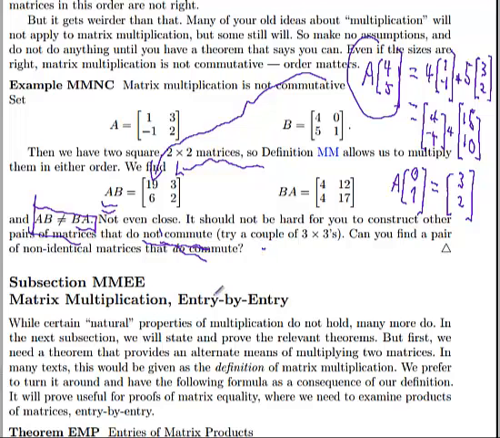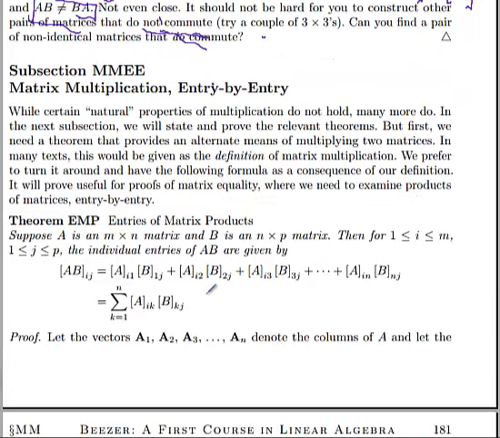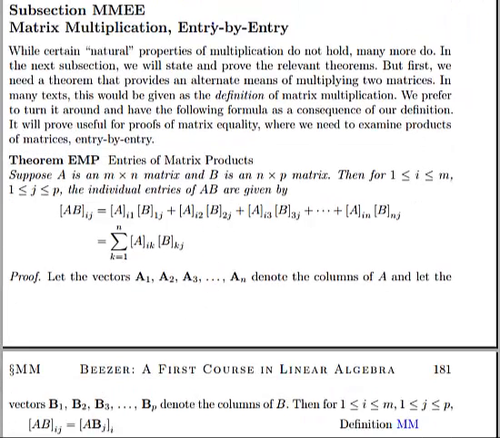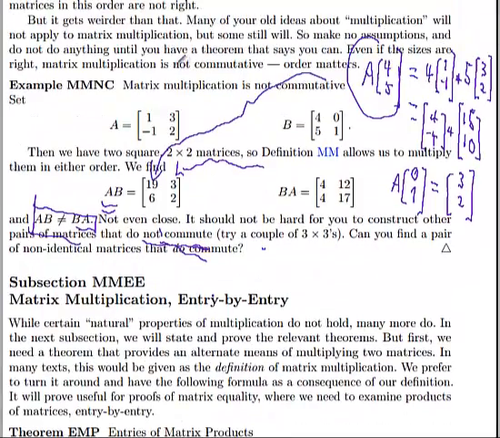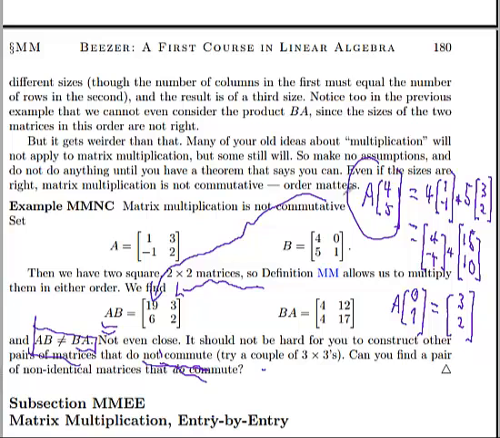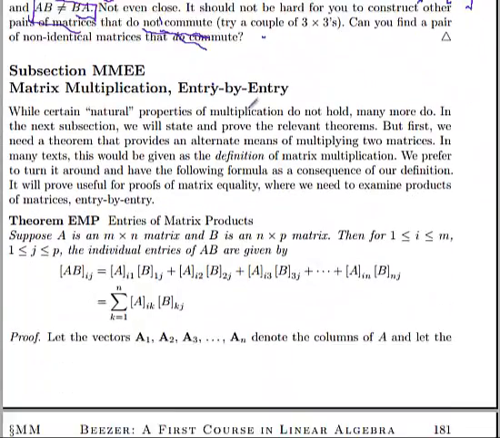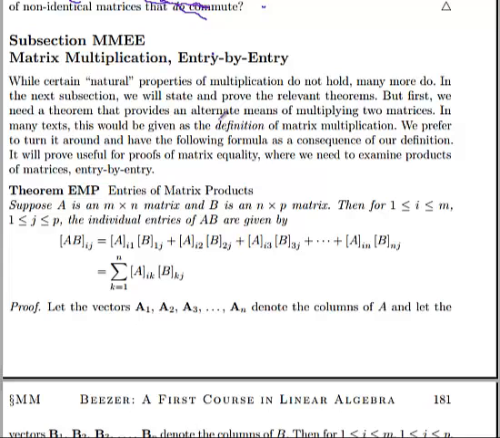Now there's another way to do matrix multiplication, which may be the way that you've been taught. In this method, we've been generating the multiplication of two matrices column by column. We take the first matrix times the first column and then the first matrix times the second column, etc. Now you can do matrix multiplication entry by entry. And the formula is here.